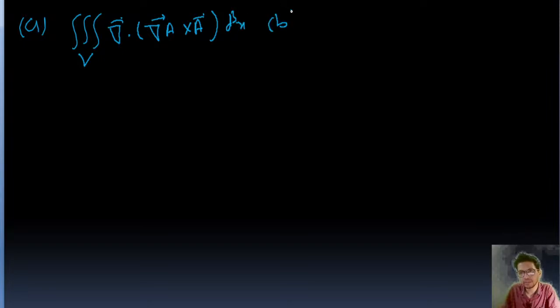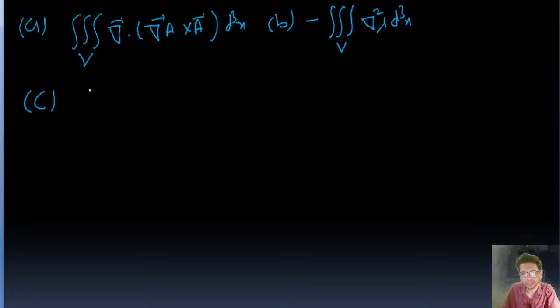Option B is minus volume integral del square lambda d cube x.